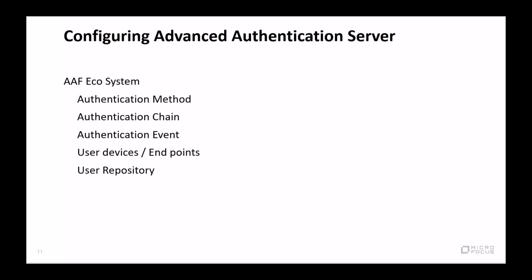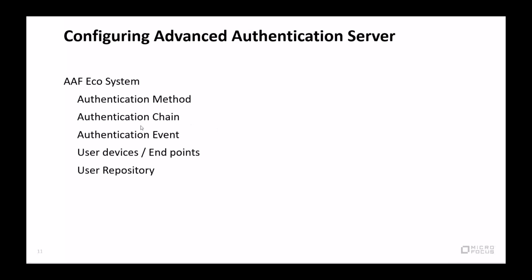An authentication method is something which verifies the identity of a user who wants to get access to an application. Identity can be verified using an LDAP password, fingerprint, SMS OTP, or email OTP. These are examples of authentication methods.